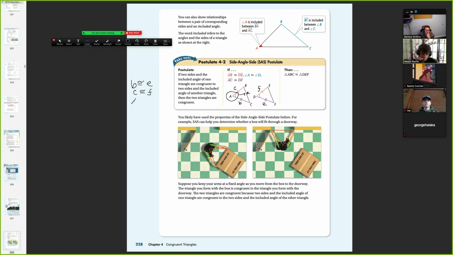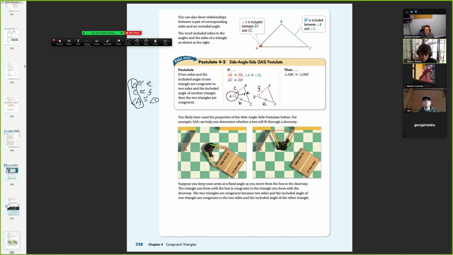Angle A is congruent to angle D. So it's very important. Now watch how this helps you in terms of understanding whether or not the angle included is the correct angle. The two sides will have different names than the angle.